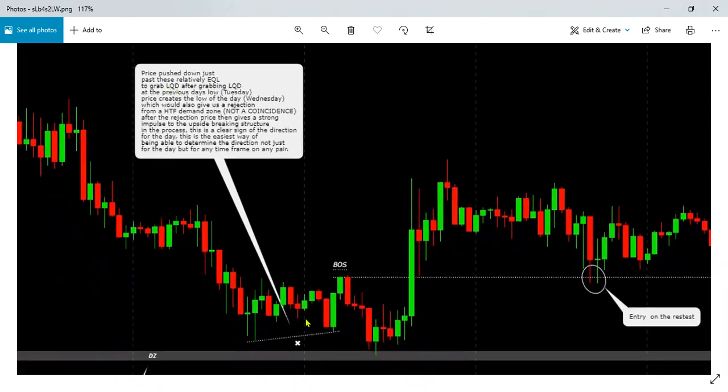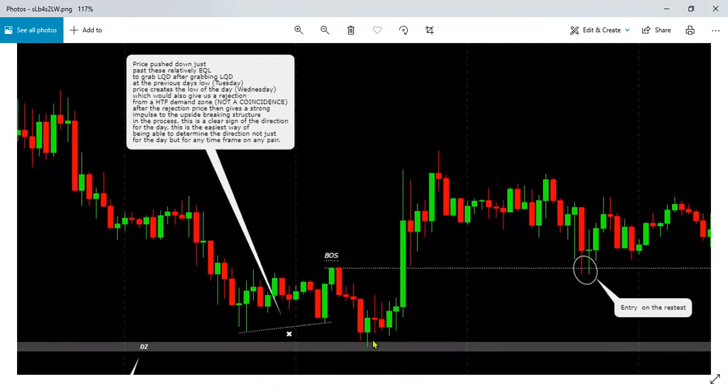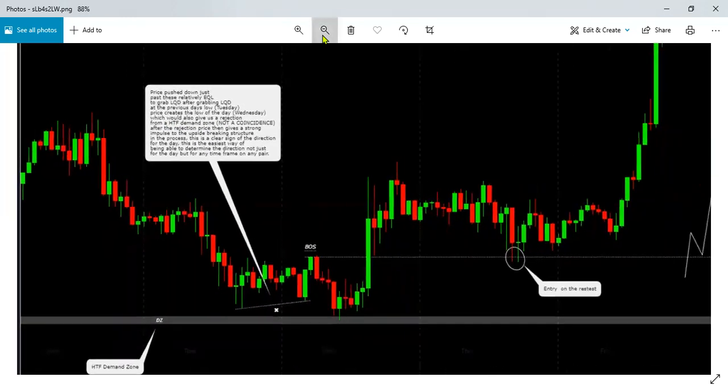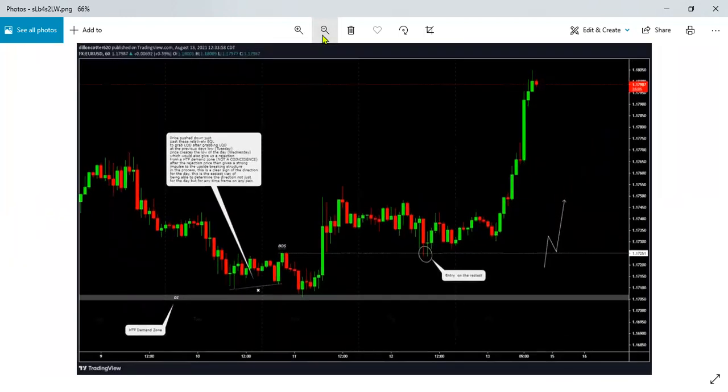So price pushed down, right, past these relatively equal lows, grabbing liquidity. And like I said, it created the low of the day on Wednesday, which would also give us this rejection from that higher time frame demand zone right here. It's not a coincidence. But this can happen anytime, any pair.